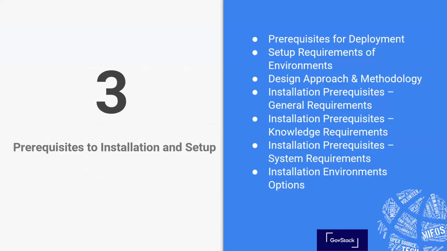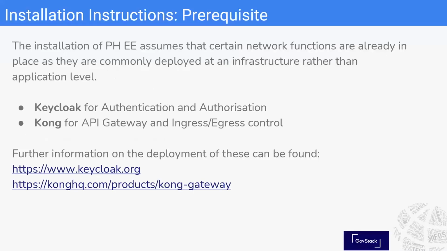All right, we come to the next section, which is about the prerequisites to the installation and setup. Before we could actually go to the installation itself, there are some things that have to be considered. This we've also talked about in our previous sessions.